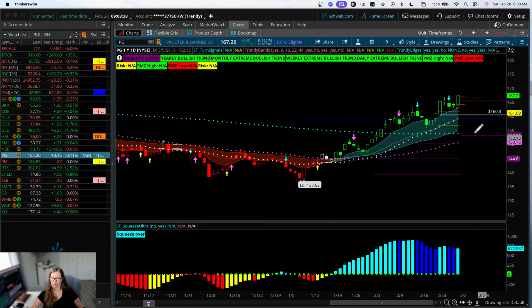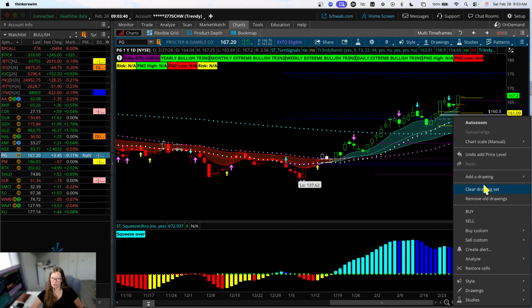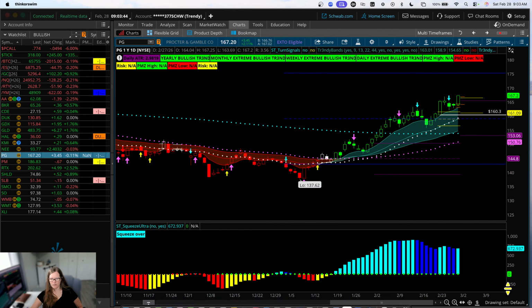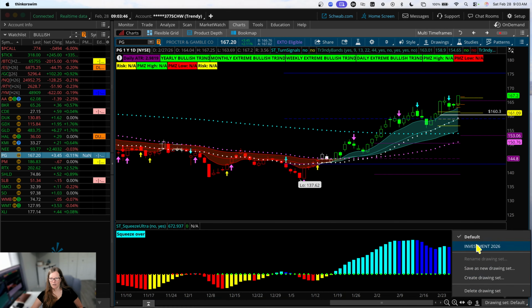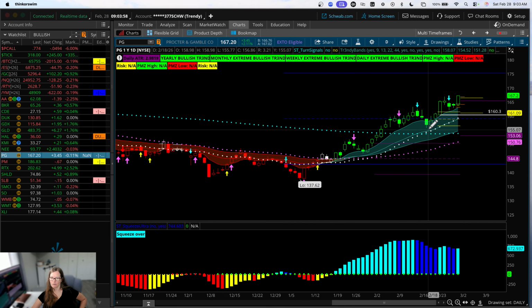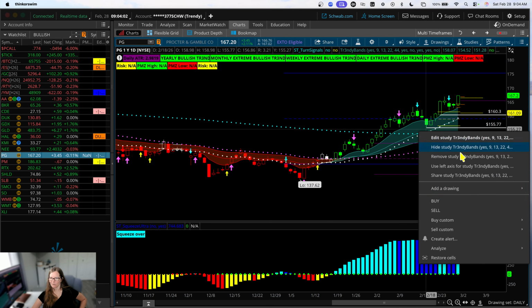Let me do this on a daily drawing set real quick. Oh, there's my investment 2026 drawing. But we're going to save this as a daily. I like to have different drawing sets for different time frames trades, right? This one is one that I'd want to be in for a week to 4 weeks.